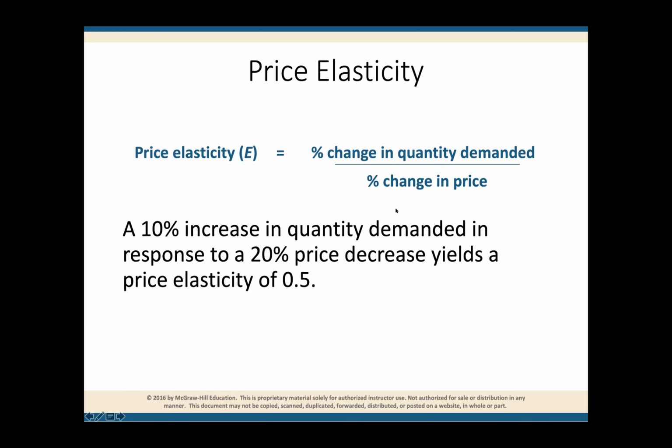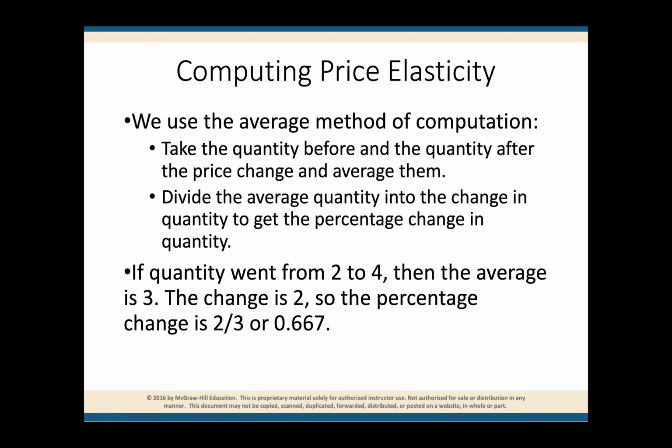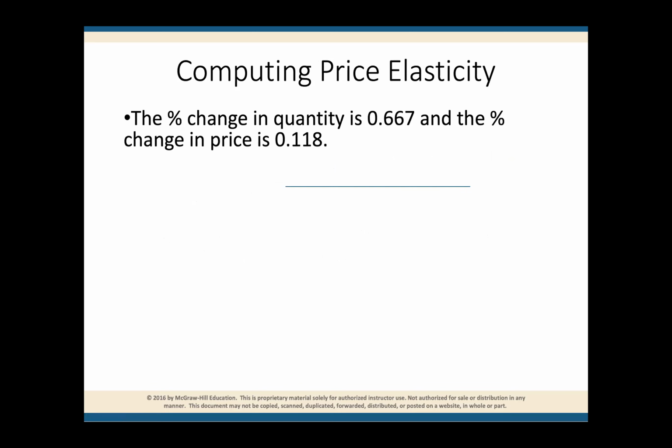For example, a 10% increase in quantity demanded in response to a 25% decrease in price yields an elasticity of 0.5, which simply means people do not respond. So this is an inelastic elasticity. And again, we use the average method of computation, because we look at the change and then divide it by the average of both numbers. We do the same thing with price, and we'll be able to find the elasticity.